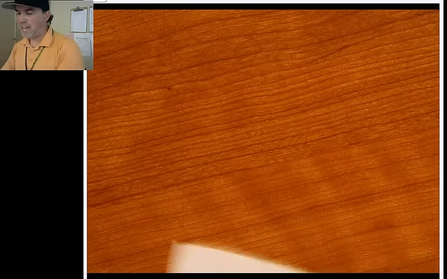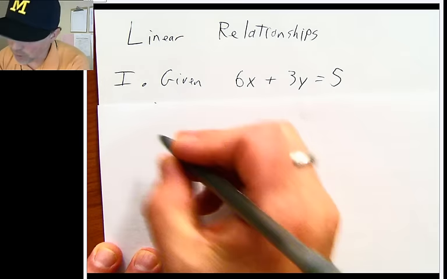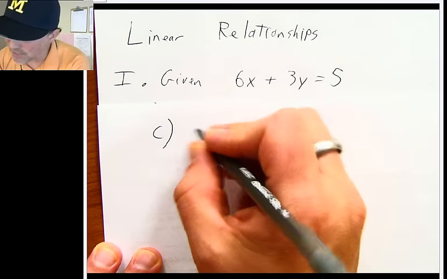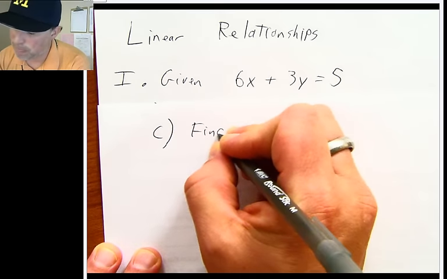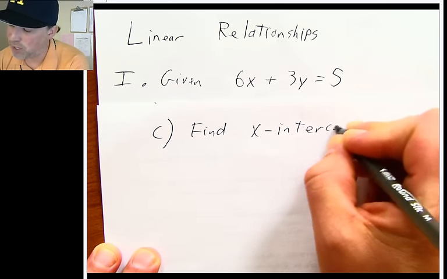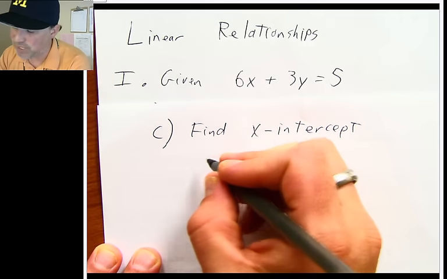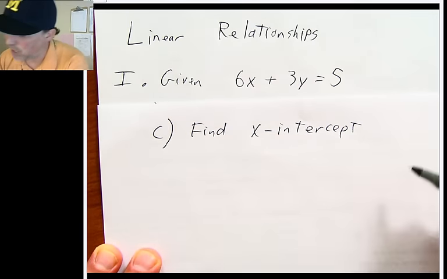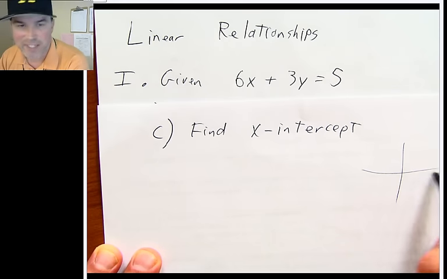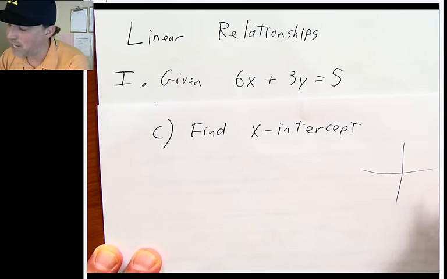We're using the exact same given, but in part C, it says to find the x-intercept. Now, the x-intercept is a coordinate on our x-axis, and what's common about every point on the x-axis is that the y-coordinate is always 0.